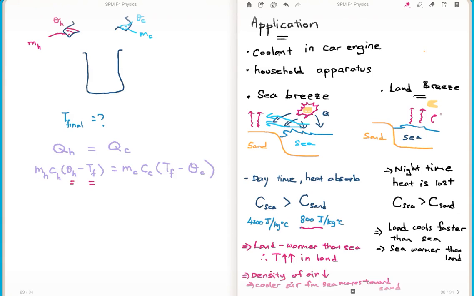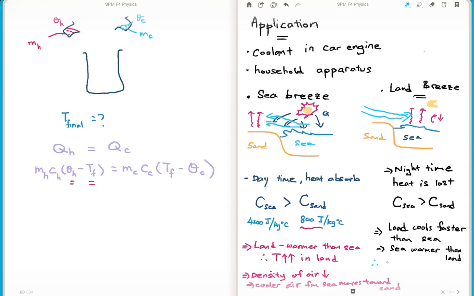Rho, density, decreases. So it goes up. Hot air rises, cold air sinks. So what happens? The cold air from the land will fill the vacuum created near the surface of the sea and therefore forms the land breeze. Cool air from the land moves towards the sea.